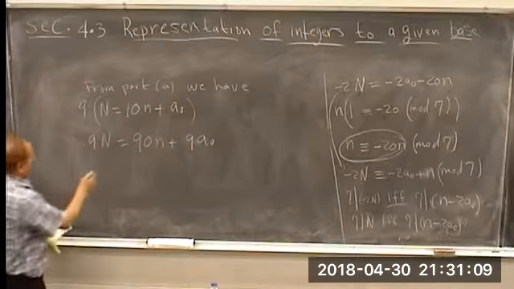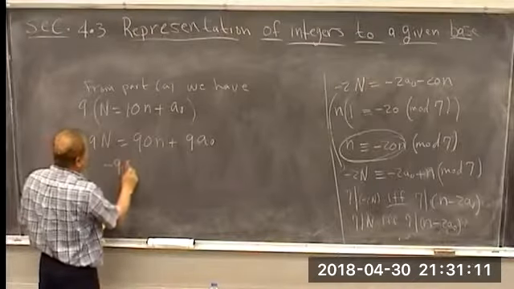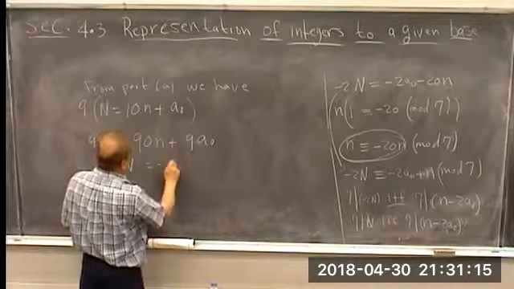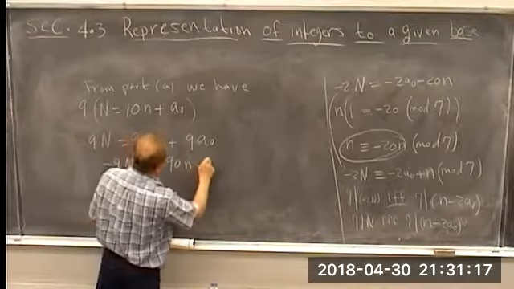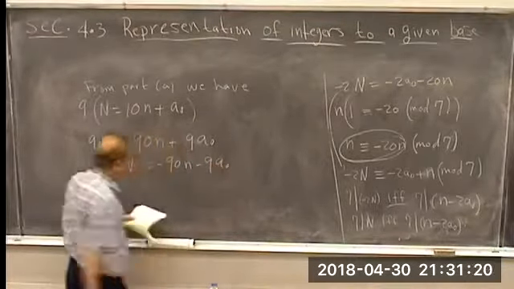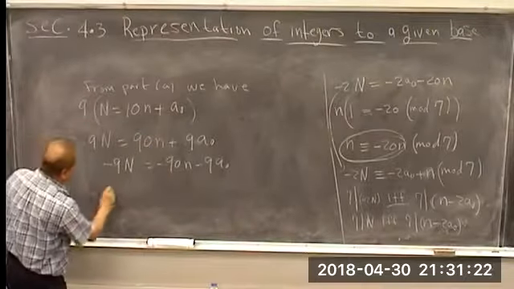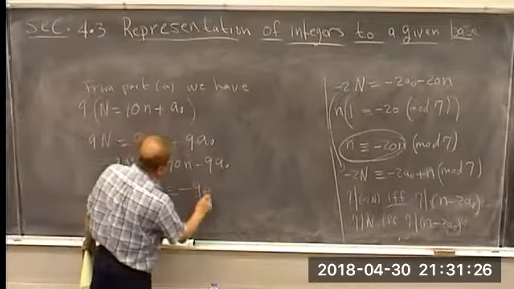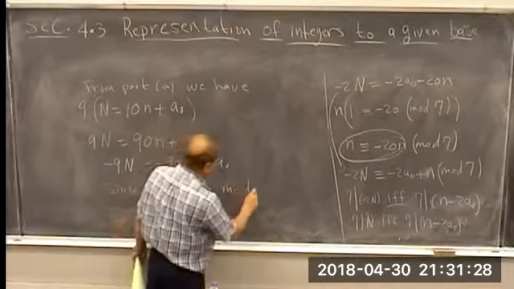And again, we're going to write this as negative 9n is equal to negative 90n minus 9a_0. Now we need to use this, since 1 is congruent to minus 90 mod 13.